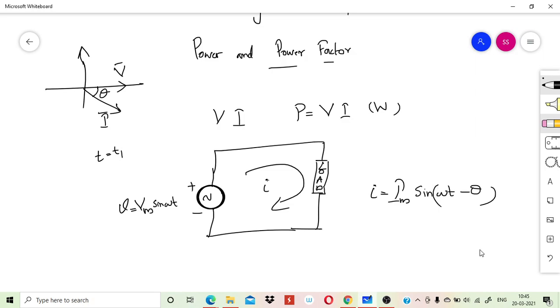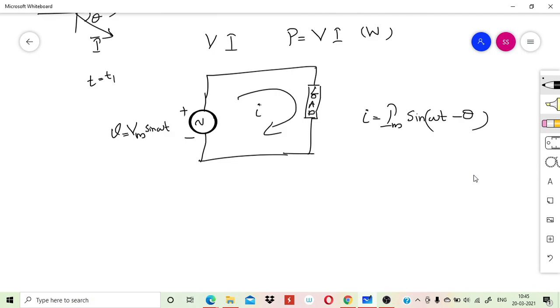So this is our two phasors, the I phasor and the V phasor, and V equals Vm sin omega t.